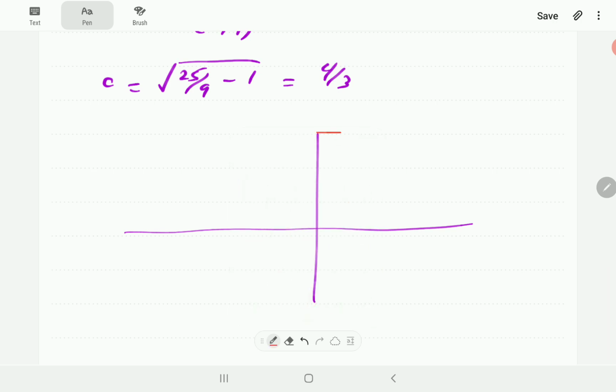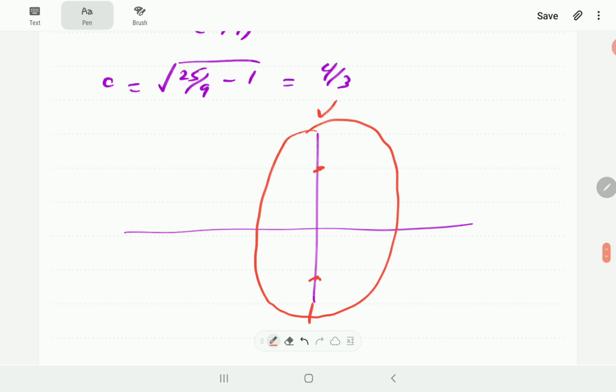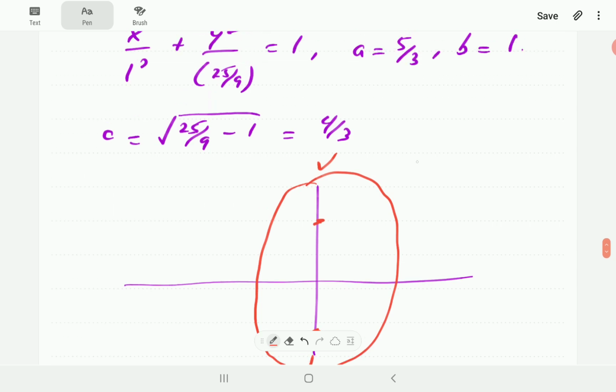So the ellipse is going to look somewhat like that. Foci there, vertices there. So that means the foci will be at (0, plus or minus 4/3). The vertices will be at (0, plus or minus 5/3).